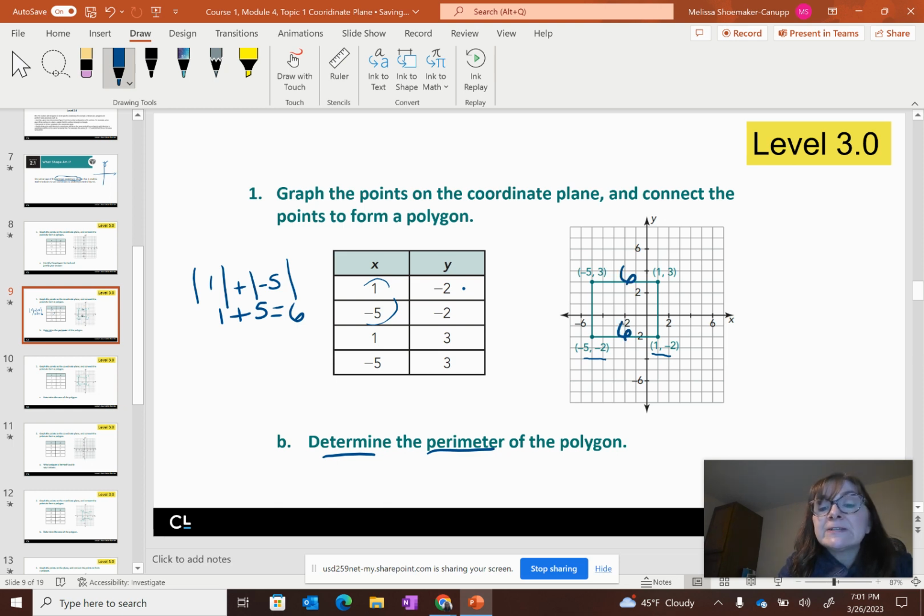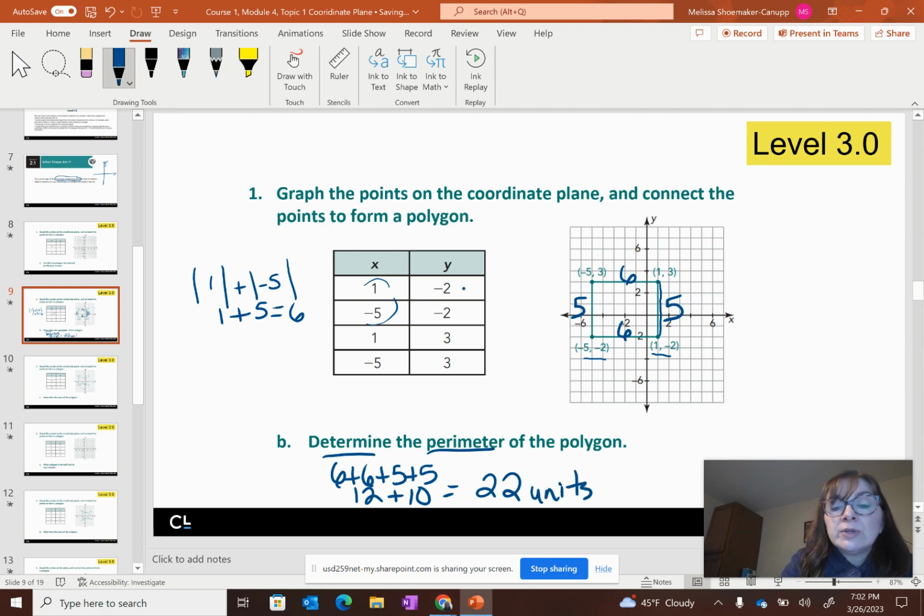Or you can just count 1, 2, 3, 4, 5. So the height is 5. So the perimeter is going to be 6 plus 6 plus 5 plus 5. That's 12 plus 10, which equals 22. We don't have a measurement, so I'm going to call it units.